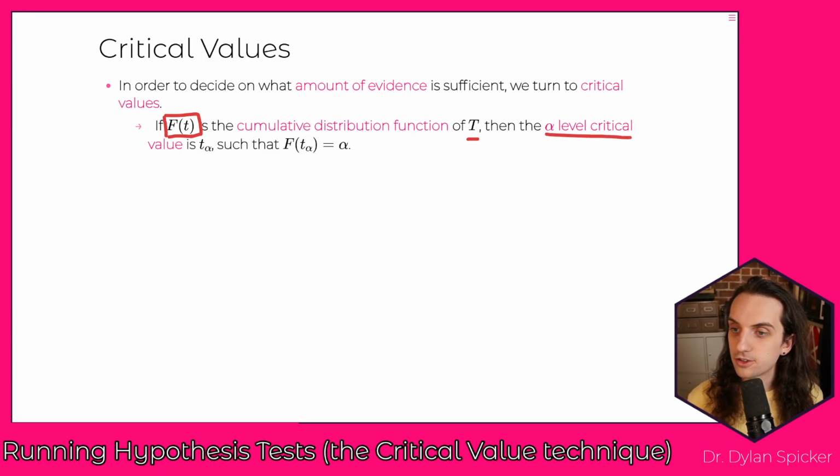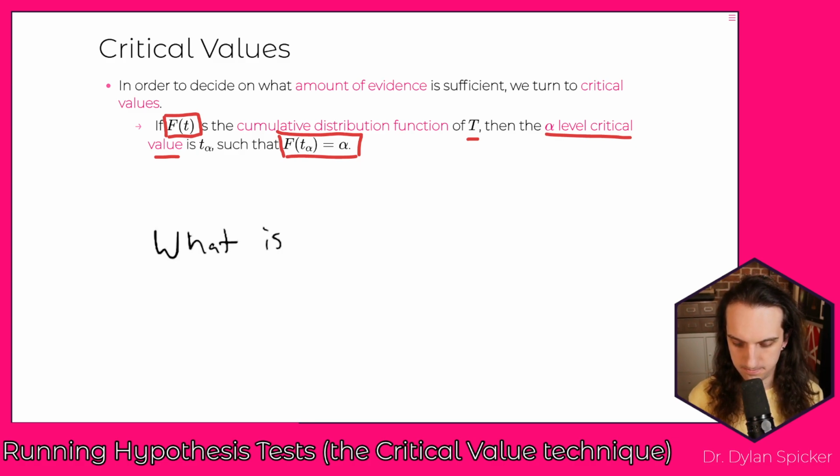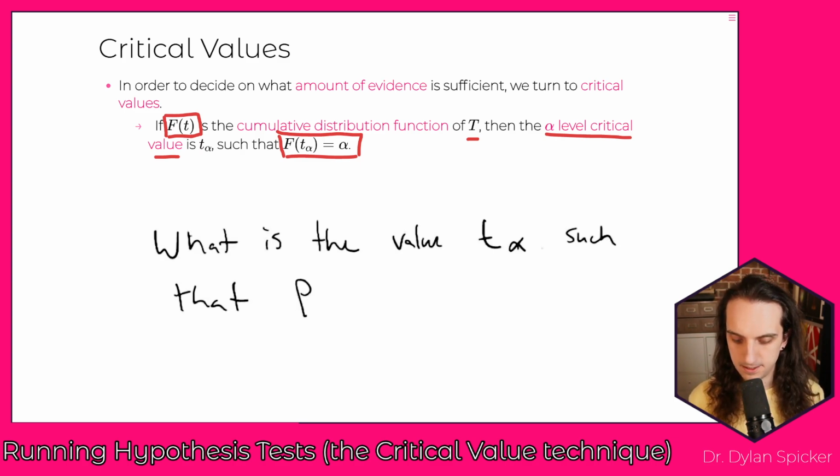Then the alpha level critical value is going to be F(T) equal to alpha, right? So F(T_alpha) is equal to alpha. So we solve this expression right here. We find the value T_alpha, such that the probability that T is less than or equal to T_alpha equals alpha, right?